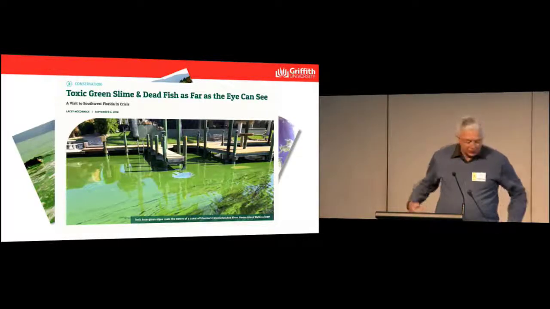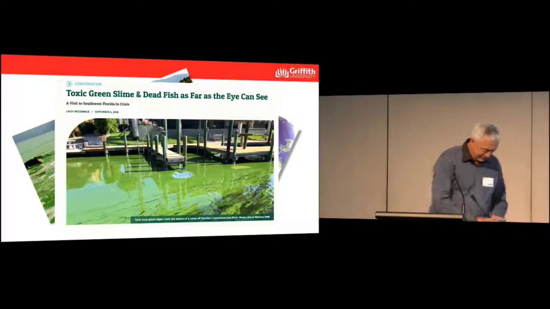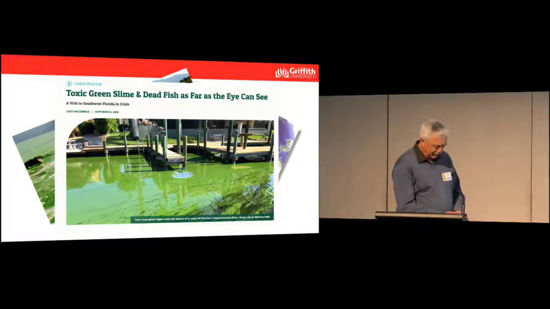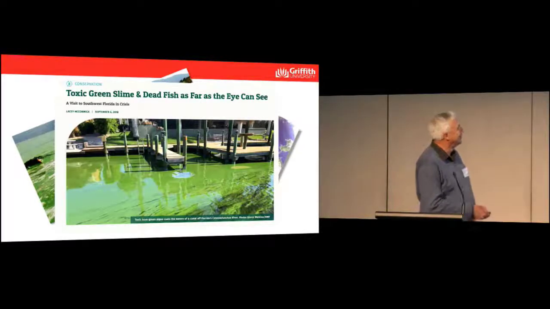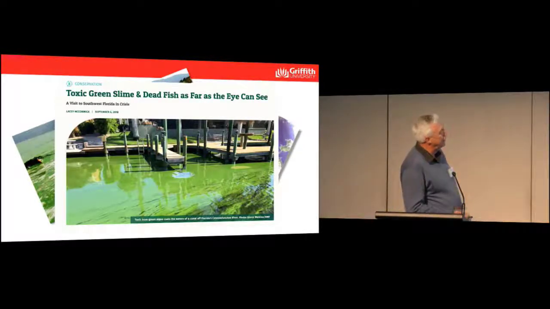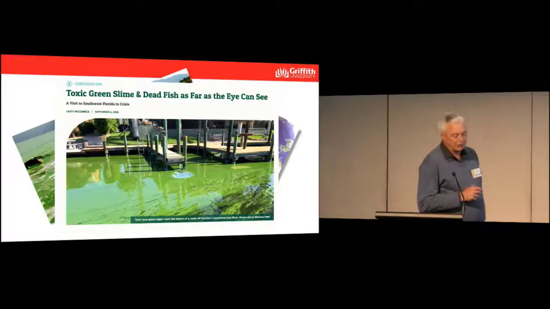One of the things water managers would like to know is how the toxicity of this bloom changes. We know that there are toxic and non-toxic strains within the bloom, but how does the toxicity here differ from the toxicity over here? And of those toxic species, what's driving the changes?